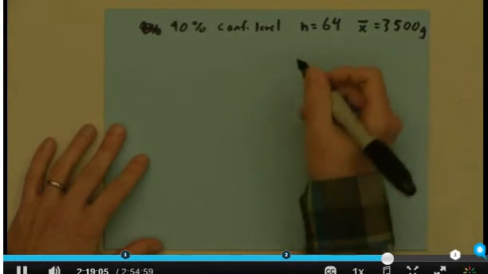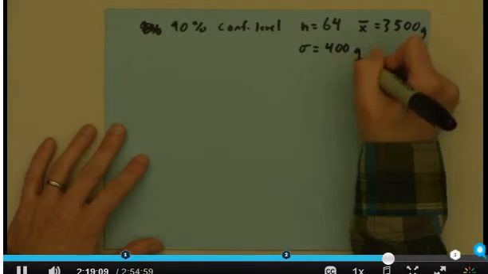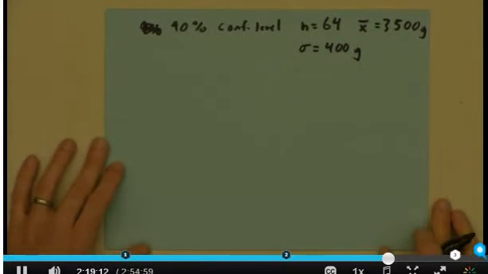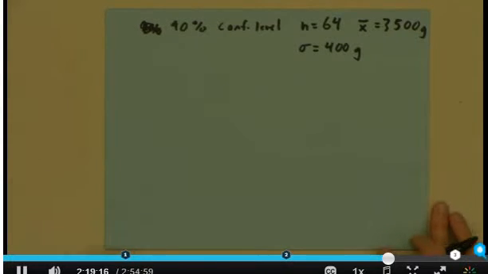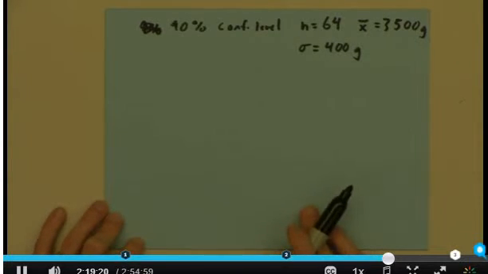We're going to assume the population standard deviation is 400 grams. All right, this is just an assumption. I'd have to have some reason to back that up, but if that's valid, then I can use these pieces to construct a confidence interval.